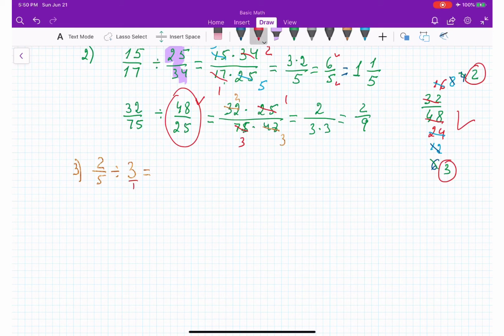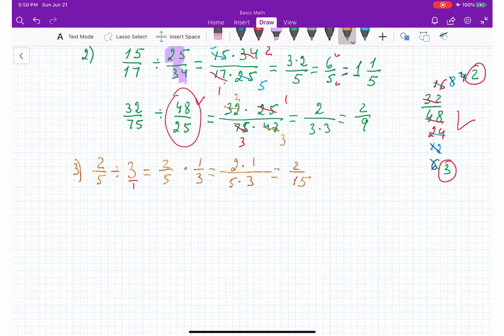If I flip that 3, I'm going to get 1 over 3, right? And the result of multiplication is 2 times 1, 5 times 3. Well, I can't reduce anything, 2, 5, and 3, so I leave the answer the way it is, 2 over 15.